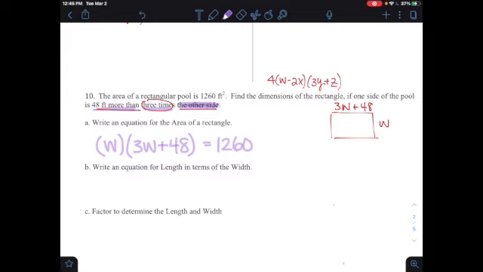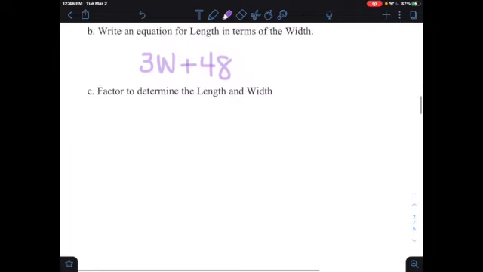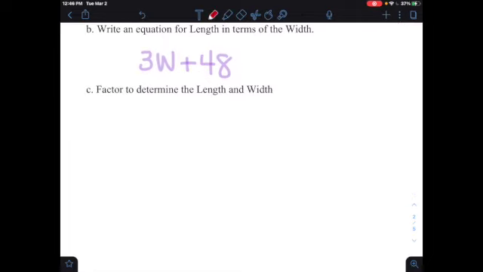So the W is the width, and the length is in turn, using the letter, just 3W plus 48. Okay, now what they want you to do is factor to determine the length and the width. To do that, it's the length times the width plus 48, and that will give you the area of 1260.